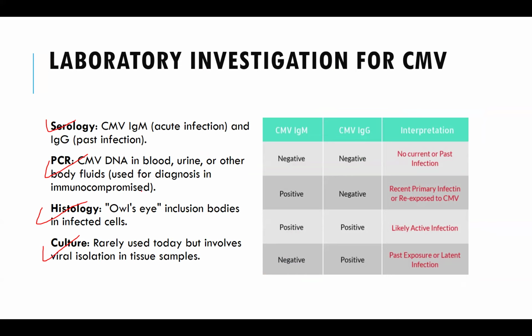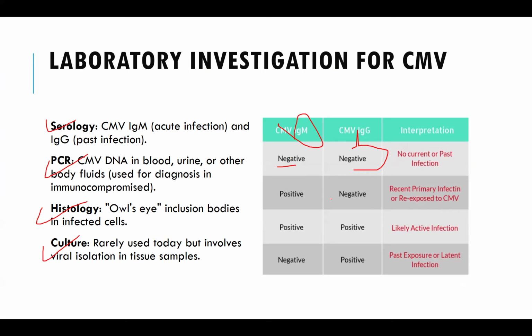And depending on the result, it can give you an interpretation whether someone has an acute infection or a past infection. Maybe a case in point, if you look at this table here, if your IgM is negative and your IgG is also negative, it means that this individual may not have had an infection in the past or has no infection, so that is okay.